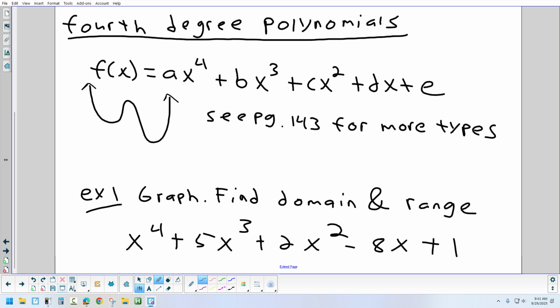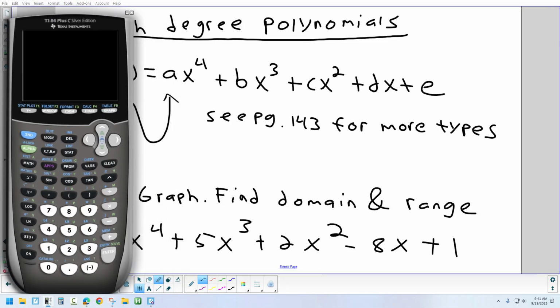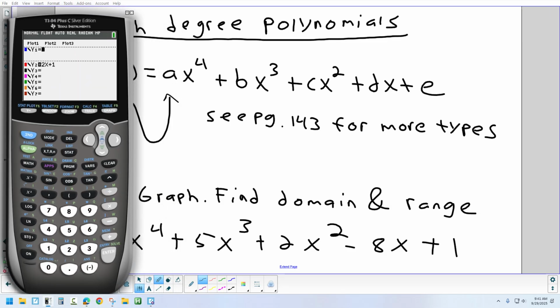Okay, so let's graph that one and find the domain and the range. So we've got x to the 4th plus 5x cubed plus 2x squared minus 8x plus 1.